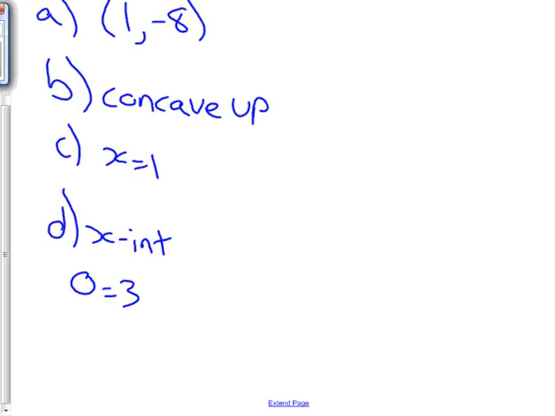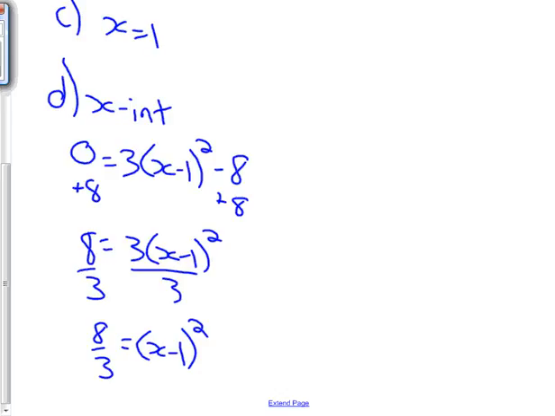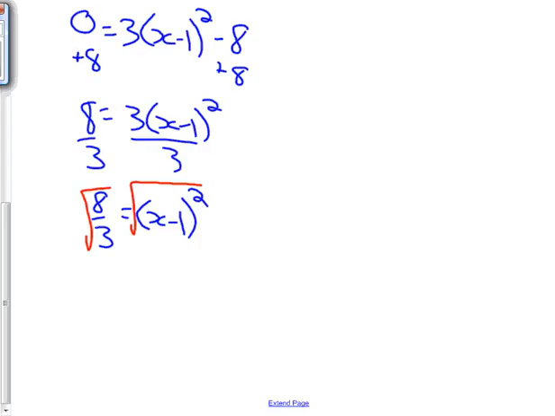How do you figure that out? Both sides. Right, it's going to get x minus 1 squared.